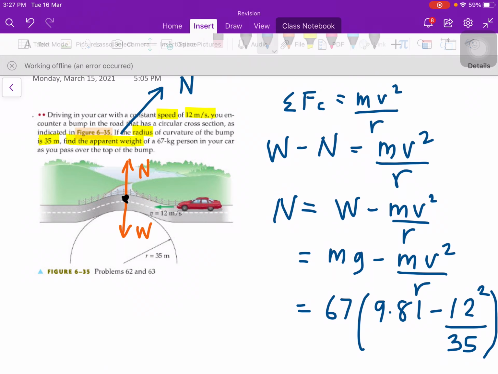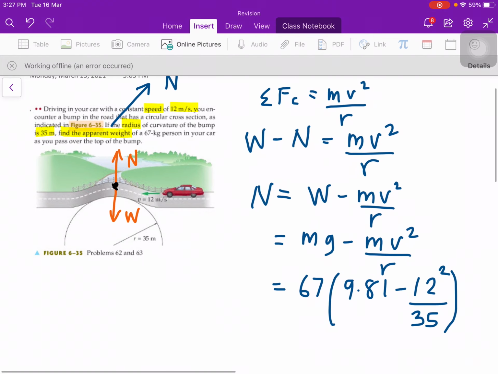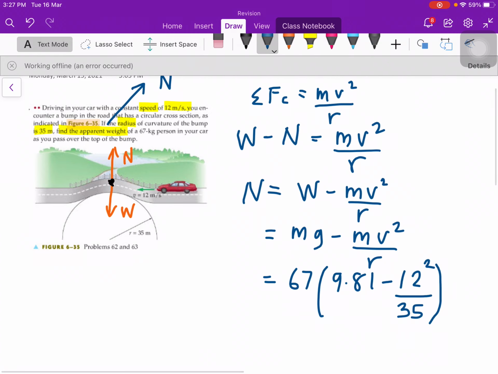It turns out that the apparent weight, or normal force, is equal to 380 Newton. This apparent weight is 42% less than the normal weight, which is 67 times gravity, giving you 660 Newton. Alright, so that is the first question.